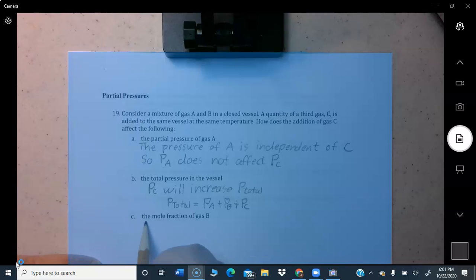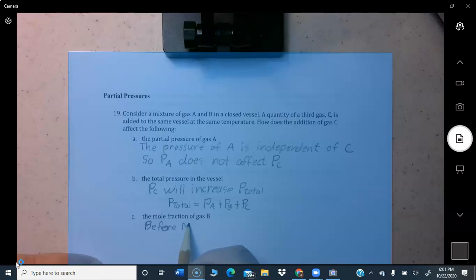So let's just express that as a before and after. Before, and let's use the proper expression. So it's that X, it's a chi, but I'll write it out since it's new to you.